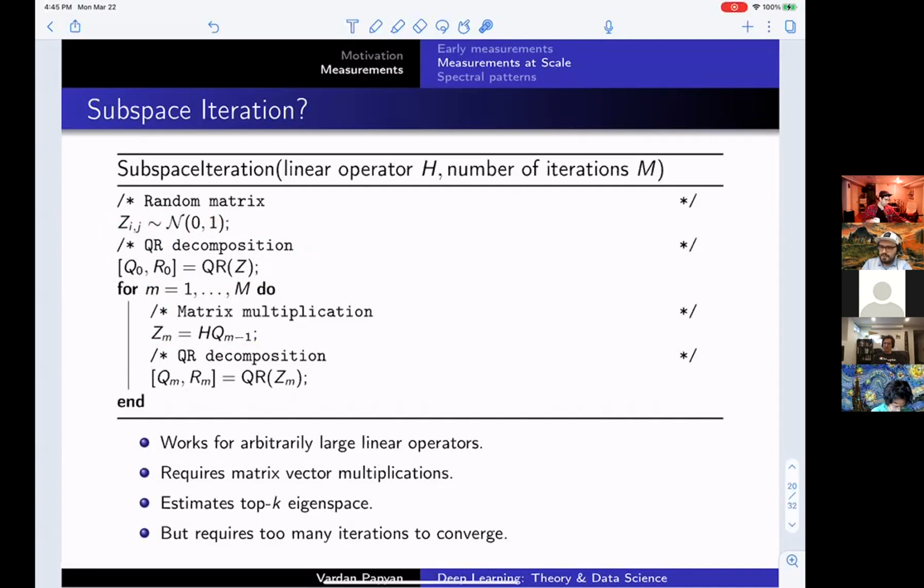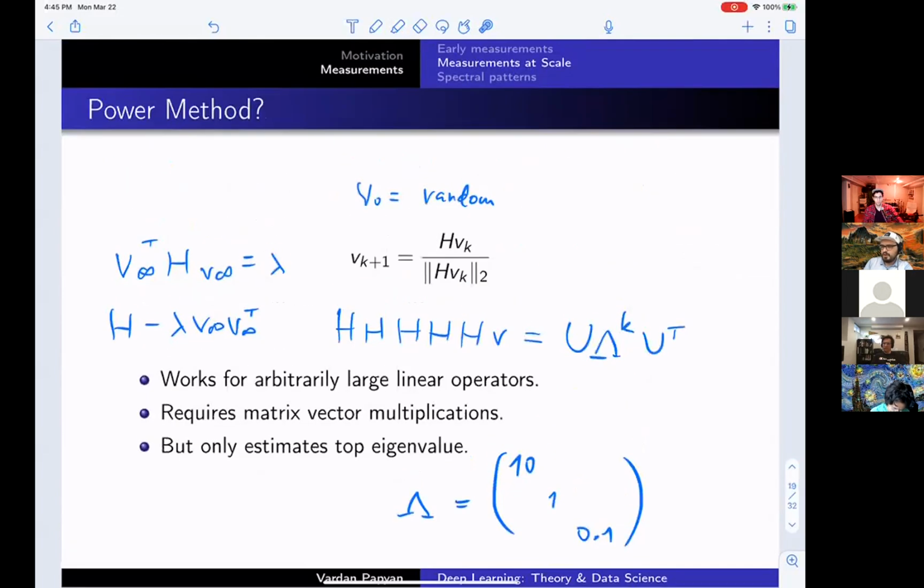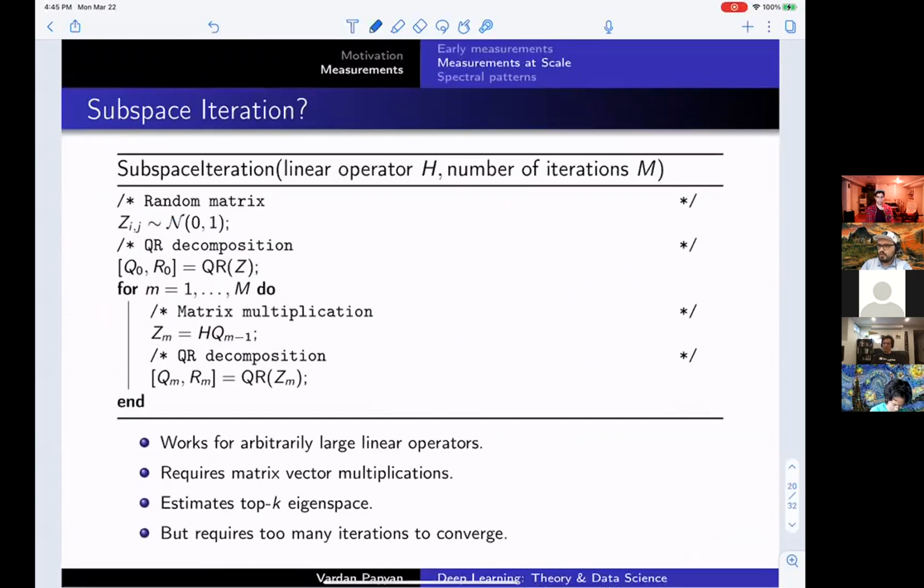I guess maybe it's not the most intuitive thing, just looking at it, why would this converge to the top eigenspace? But let's just say it does converge, okay? So this is another algorithm that you could use. And notice that this algorithm, like many of the algorithms that we'll discuss today, just requires a single thing. Both this and the power method require a multiplication of H times a vector.